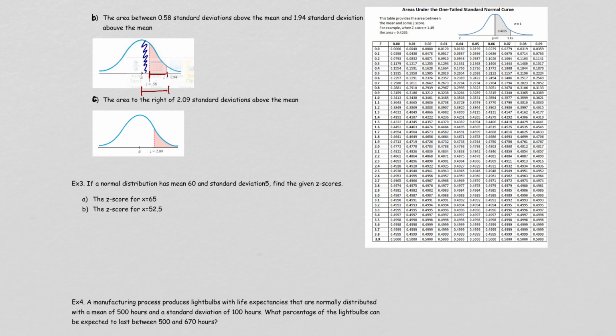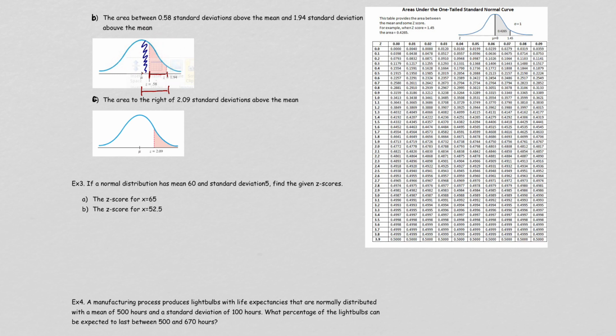So the red area, 0.94. Let's see, 1.9 is right here. 4 will be right there, which is 0.4738. And subtracting 0.58. 0.58 should be right here, which is going to be 0.2190. So this blue area, I'm subtracting from the full red, which is from mean to the z-score, in order to get only this little corner from the red area.